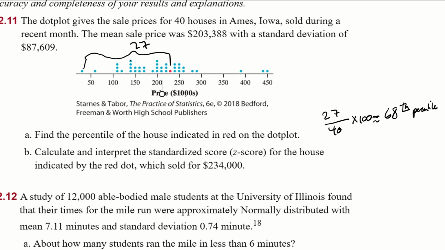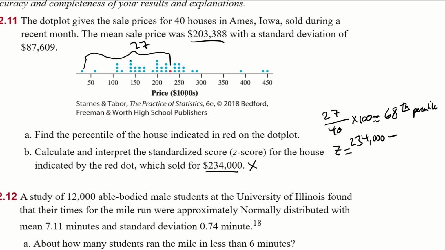All right. It says calculate and interpret the standardized score, or the z-score, for the house indicated by the red dot, which sold for $234,000. So that's my x value. So we're going to calculate the z-score. So the z-score is the x value minus the mean.